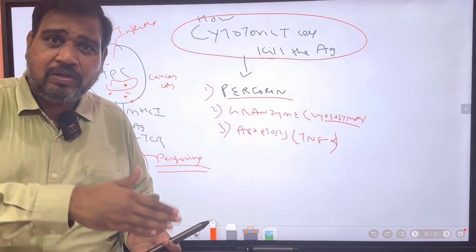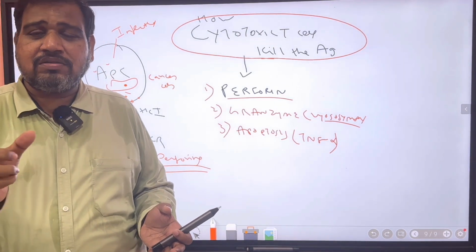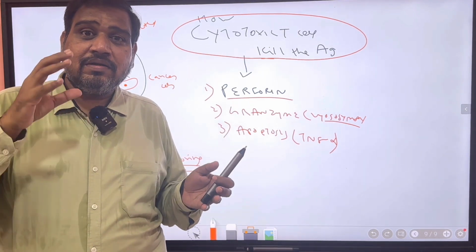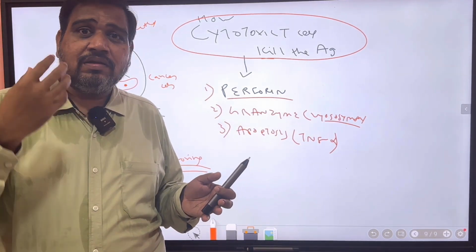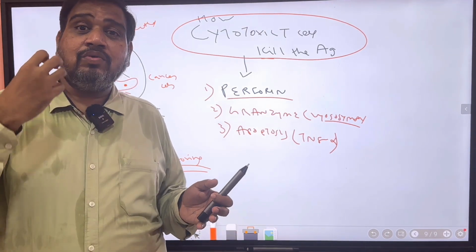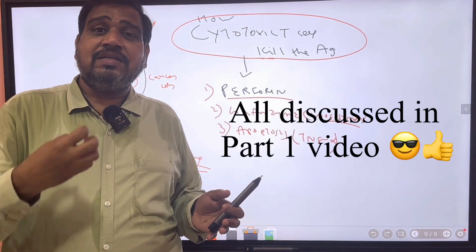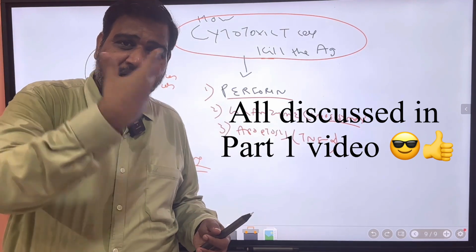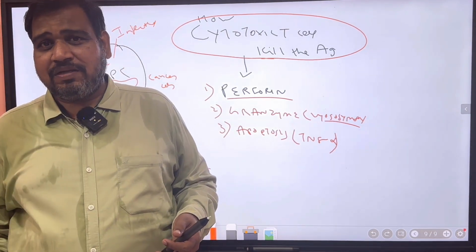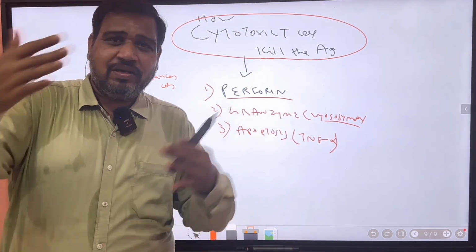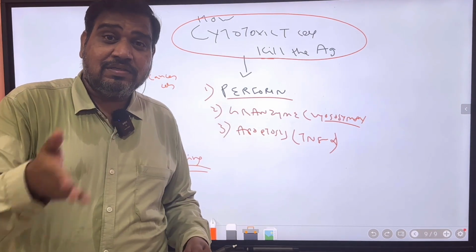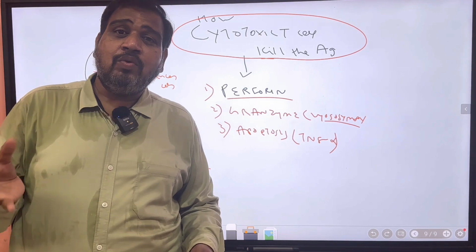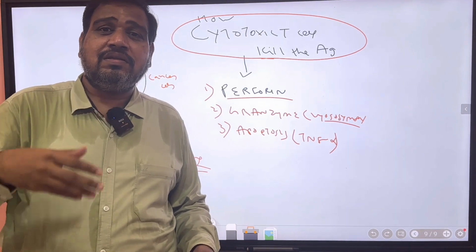I discussed primary immune response and secondary immune response because of memory T cells, and I also explained how the antigen is presented, processed and activated, and how the helper T cell communicates with the antigen presenting cell, how proliferation takes place, various interleukins, and types of helper T cells, Th1, Th2, Th17. All those things we discussed, and then finally how the cytotoxic T cell is going to destroy the antigen.